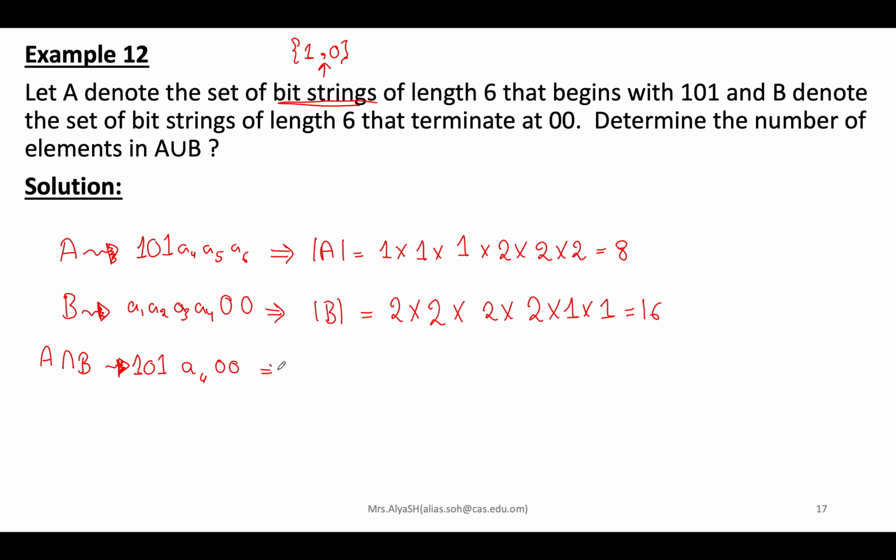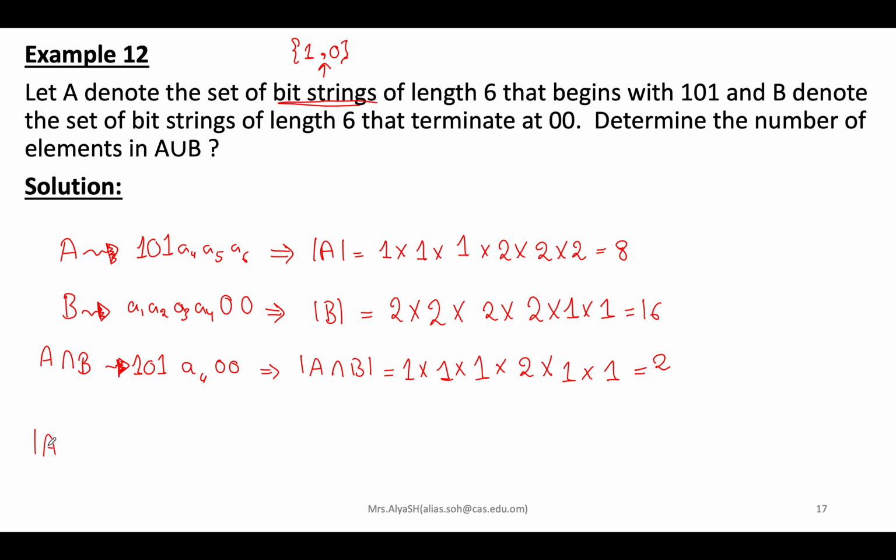So the number of elements for A intersect B: the first, second and third are fixed, then one may be either 0 or 1, then the last two are fixed. So the intersect equals 2.